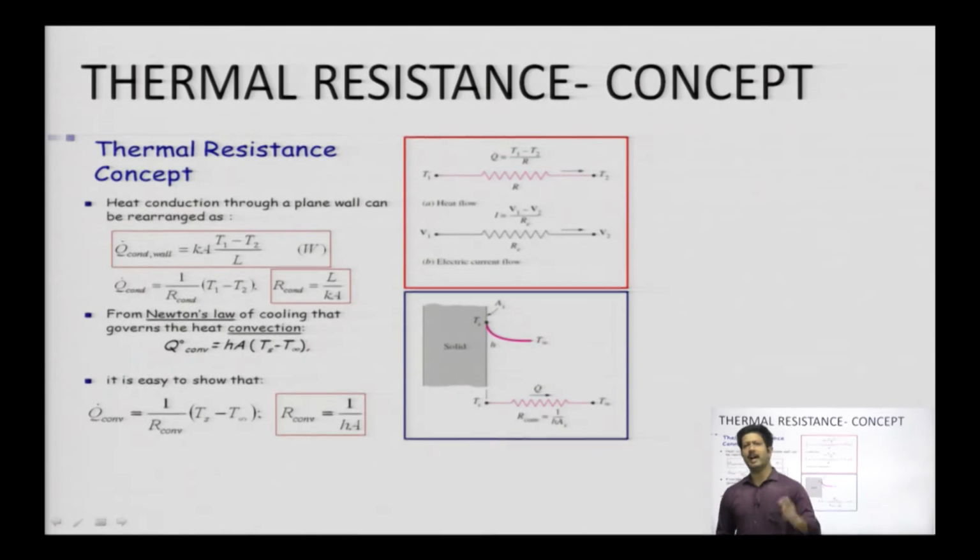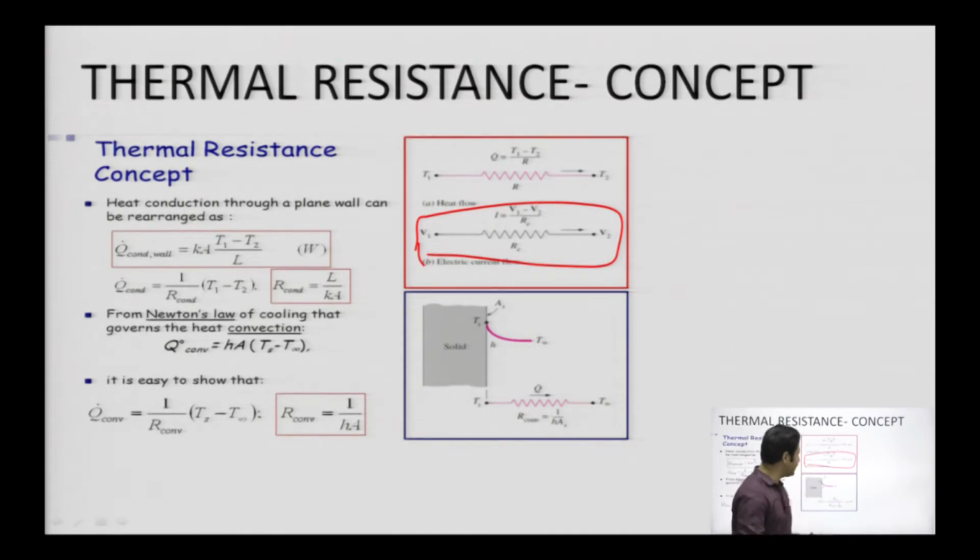Now this is what I have discussed in the previous video of this series. So it's like thermal resistance, as I have already told you. In an electrical circuit, see, this is an electrical circuit. If you see an electrical circuit, it is like the resistance. You have to establish a potential difference across the electrical circuit.